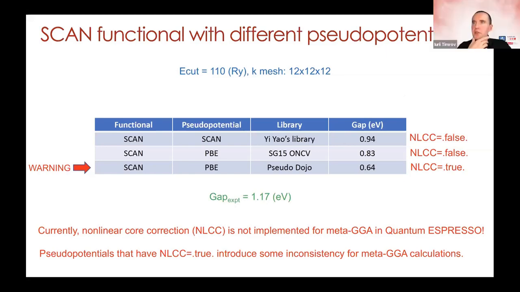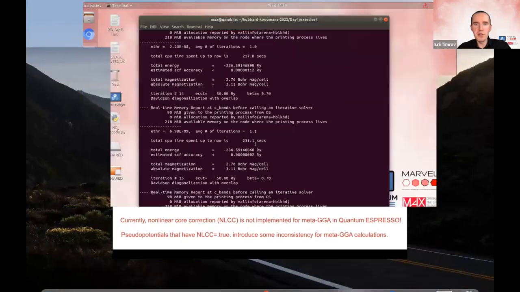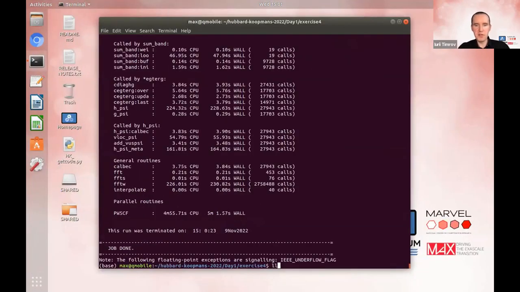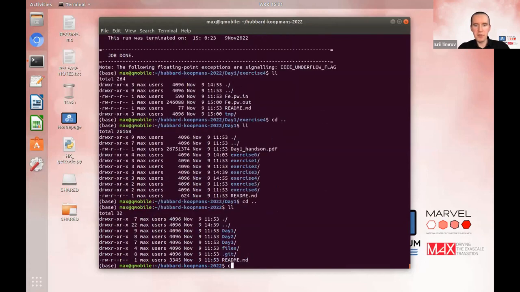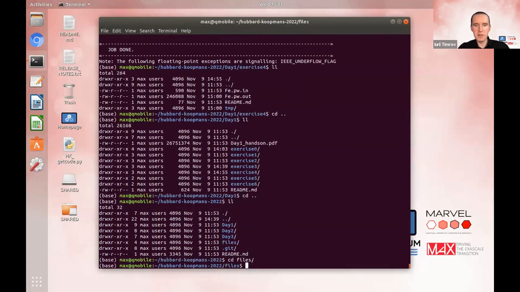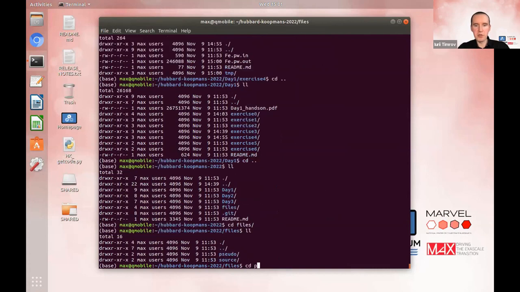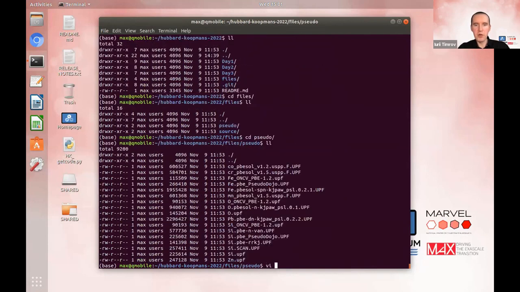I see also a question from Slack. How can one find out if a pseudopotential uses nonlinear correction or not? You just need to open the pseudopotential. In the hands-on material, go to the folder files and then pseudo.